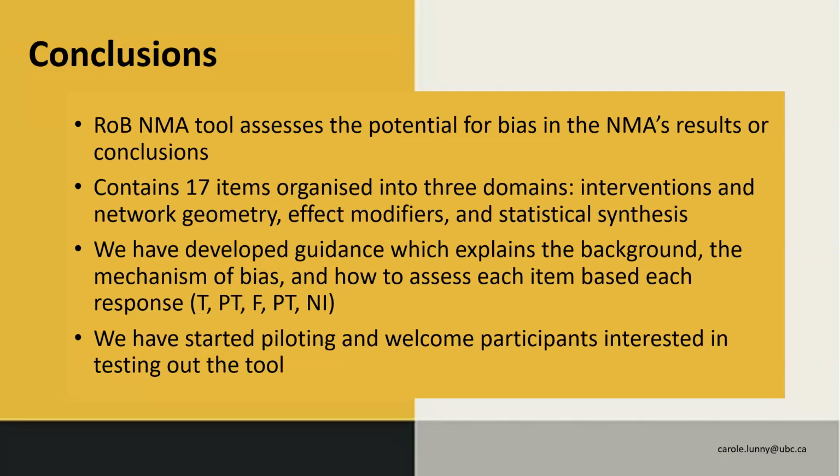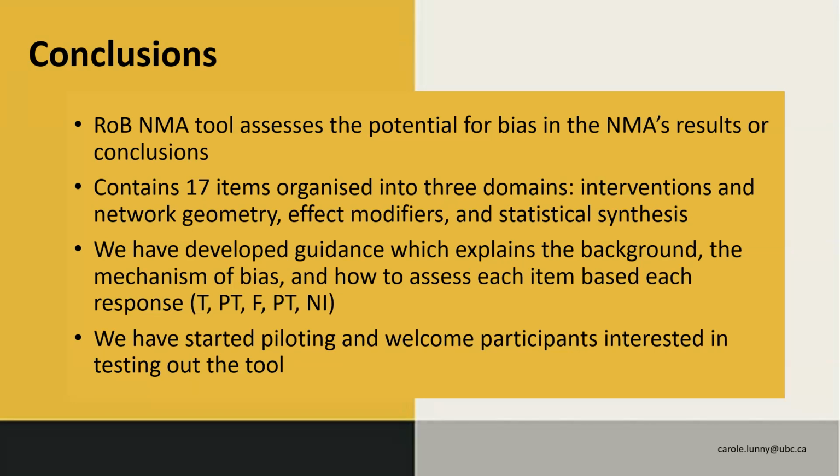So in conclusion, our NMA tool assesses the potential risks of bias by identifying limitations in the way an NMA was conducted, including aspects of how the evidence was assembled that may lead to bias in one NMA's results and conclusions.